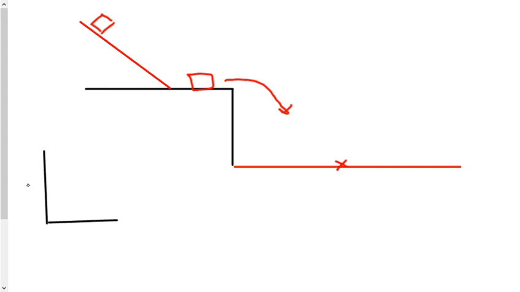So let's say we're graphing displacement versus time here. Our first graph is going to have some kind of curvature to it because we have acceleration going on. When it reaches here, our next graph is going to be a straight line graph because it's constant velocity, right?